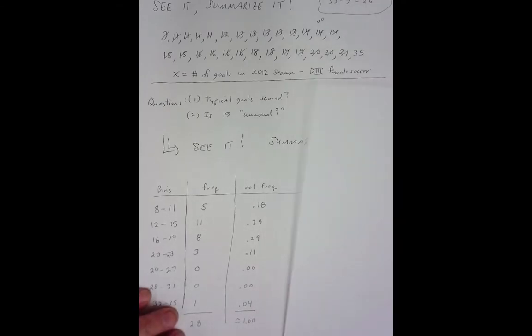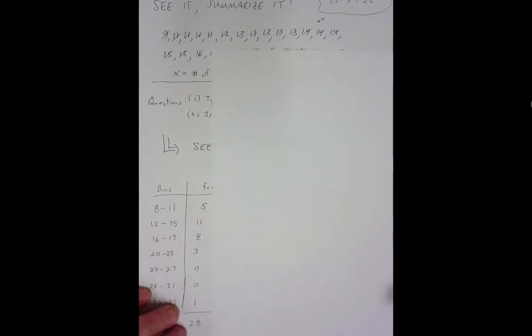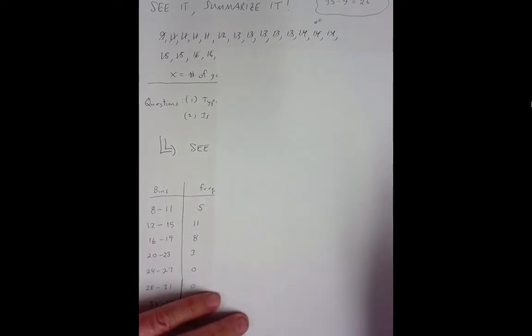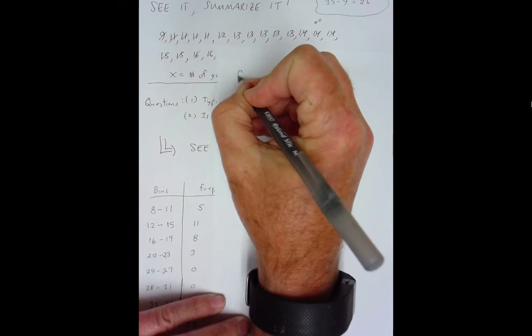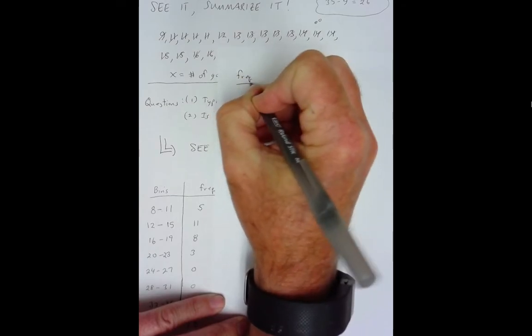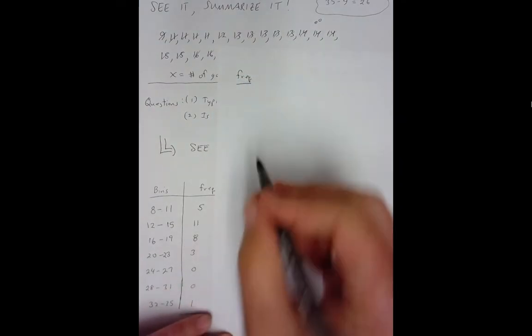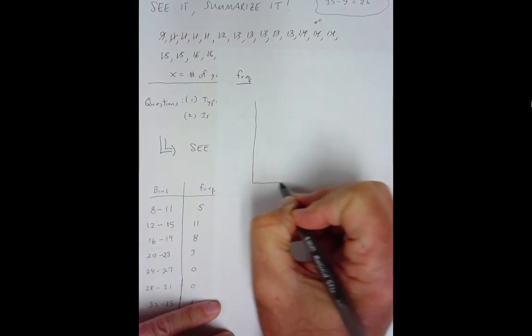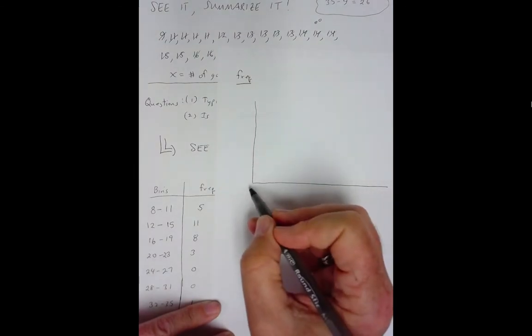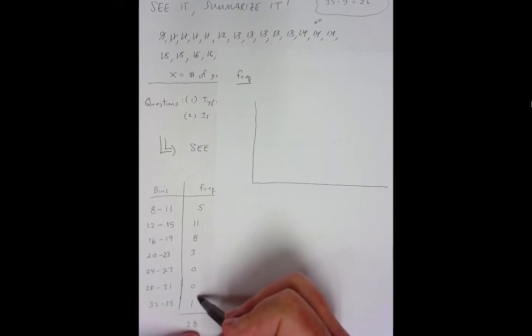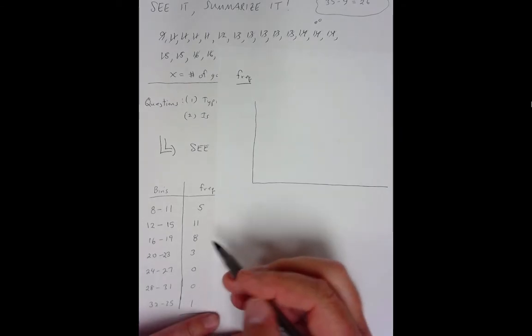Now, what I would want to do is take this information and look at a picture. If I look at a frequency distribution, then I'm going to use the frequencies. So on my vertical axis, I range from 0 all the way up to an 11.